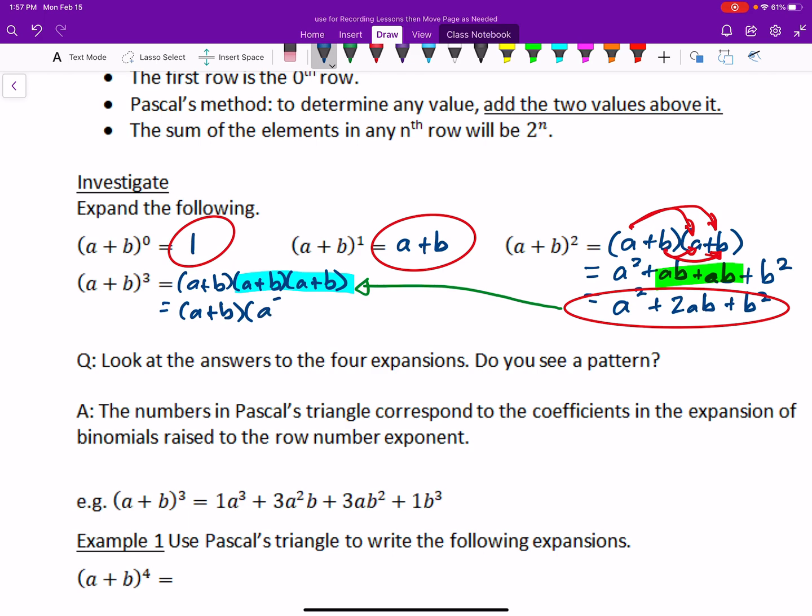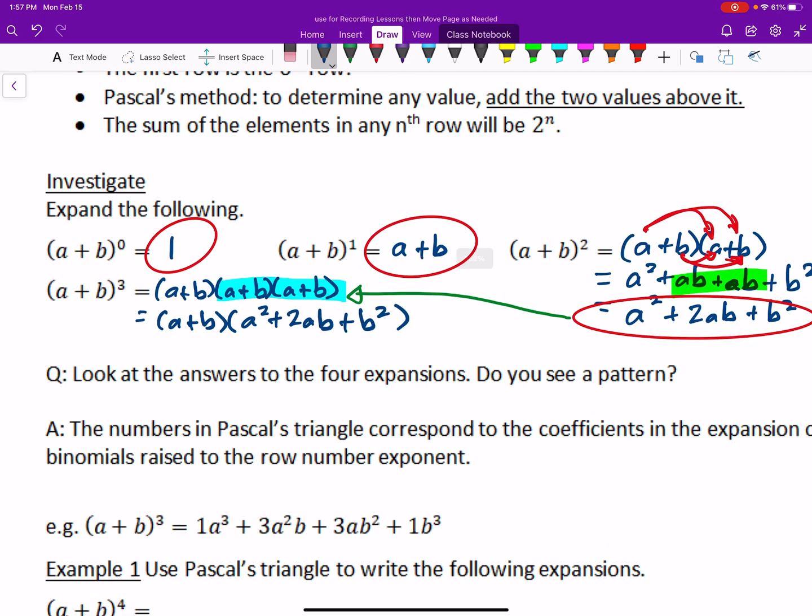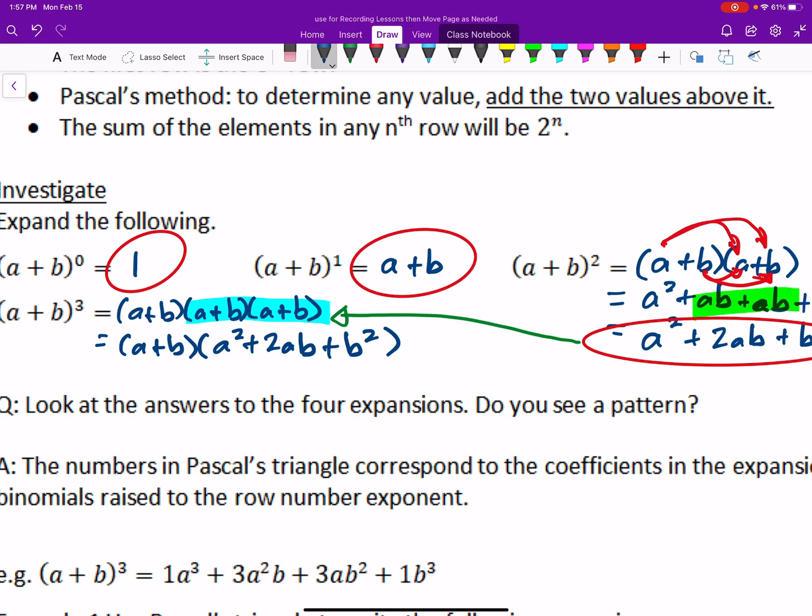a squared plus 2ab plus b squared. And then I'd have to do the distributive law on this. I'm going to have to do a times each one of these terms. And then I'd have to do b times each one of these terms. And I can do it, although it's definitely getting a bit more tedious, isn't it?